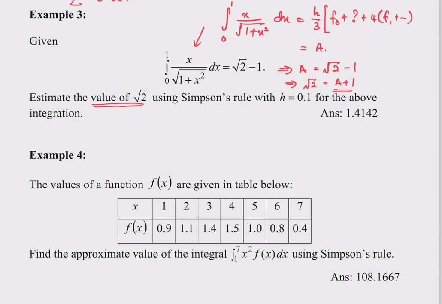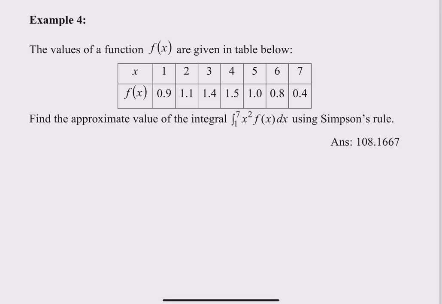Okay, and then for example 4, the values of a function f(x) are given in the table below, and approximate the integral of x squared f(x) dx using Simpson rule. To use the Simpson rule again, you have how many values here? 1, 2, 3, 4, 5, 6, 7, so x from 1 to 7, x squared multiplied by f(x). And then of course you need to make a table.